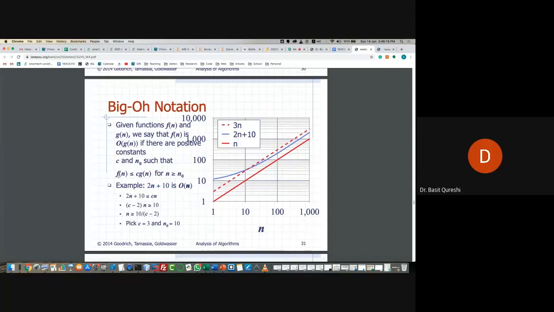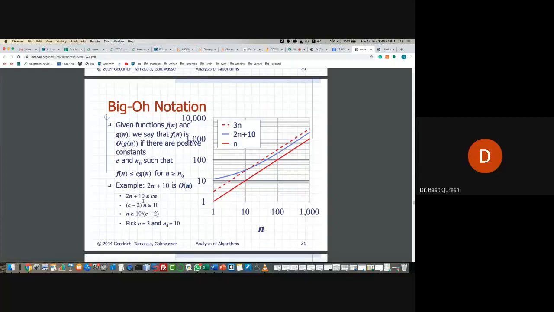So what we're going to do is satisfy this. We're going to just rewrite it. My f of n is 2n plus 10. It's less than or equal to c, some constant. We don't know the value of this constant. Some constant c multiplied by g of n, and here g of n is simply n. So this is my equation. Now we'll try to solve it with simple algebra.